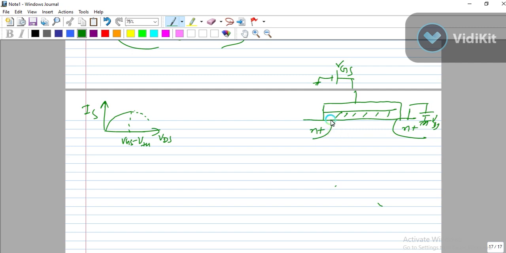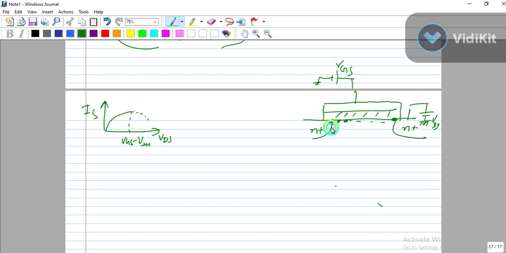See the potential difference: we have already seen that the potential difference will be highest there as compared to here, and this will be lower as compared to here, and so on. So the lowest potential difference will be on this side.